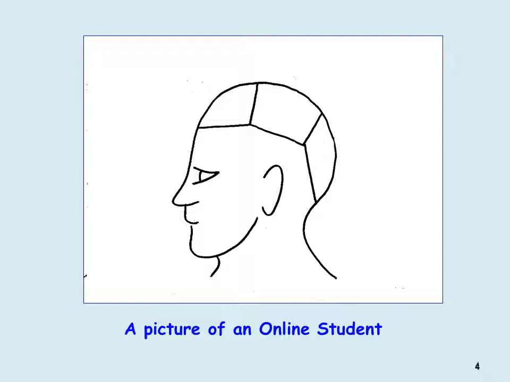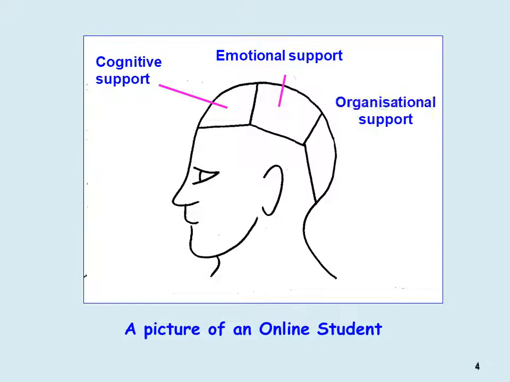This is just meant to illustrate that online students need 3 different kinds of support. They need cognitive support, emotional support, and organizational support. And of course, I don't mean you to take this picture too seriously.